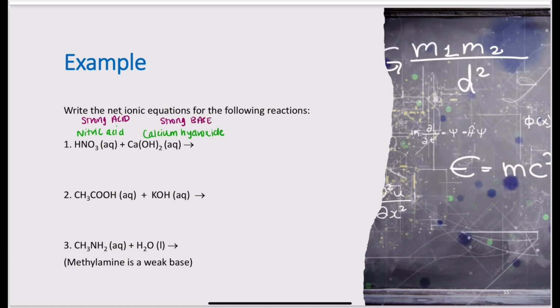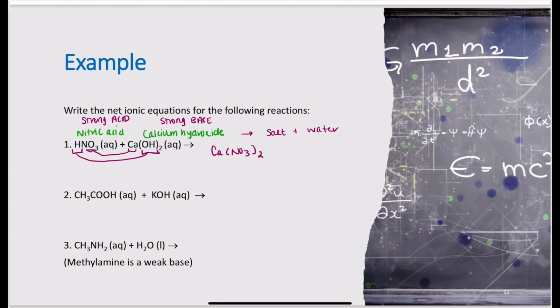When you have a strong acid and strong base react, the result is always salt plus water. Cation from one, in this case the H plus, anion from the other, which is hydroxide. Cation from one, anion to the other. So salt would be calcium nitrate.